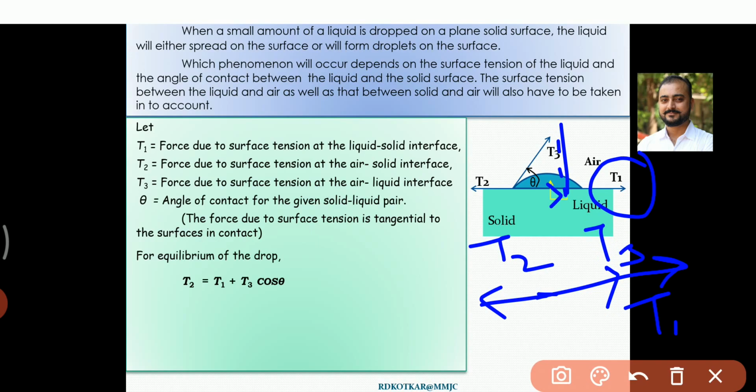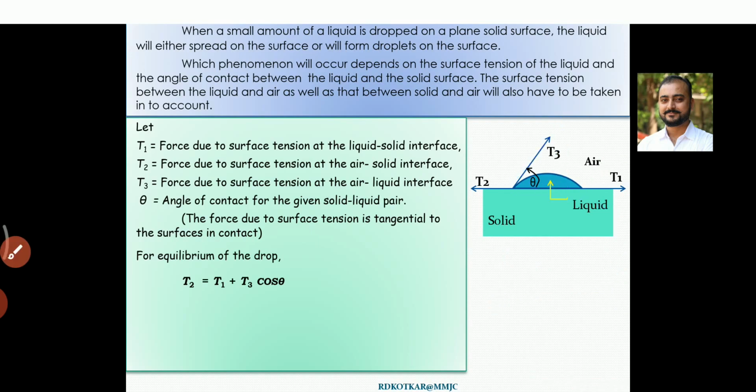As per the diagram, as this is your angle theta, this is nothing but cos theta. Therefore it is not only T3, it is T3 cos theta as a projection of T3 on the direction of T1.